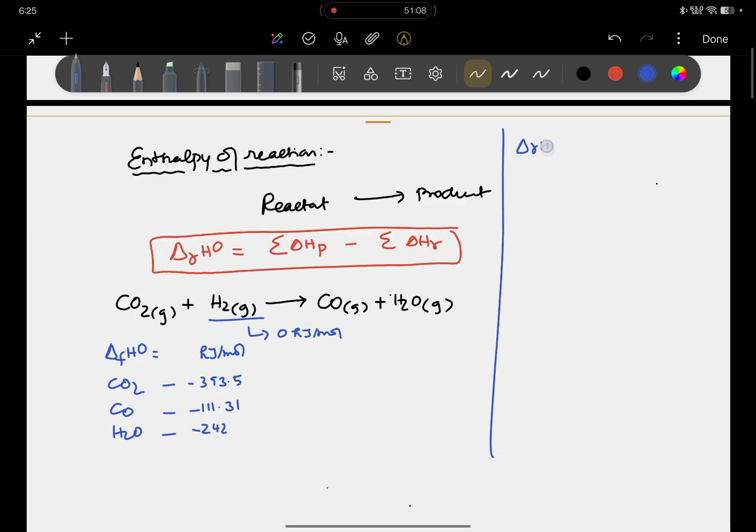Now write down delta enthalpy of reaction is equal to summation of the products. What are all the products we have? We have the water molecule, that is minus 242 kilojoule, plus minus 111.31. Minus of that you have to take the summation of minus 393.5. Do the calculation and tell me what is the delta r H naught value.